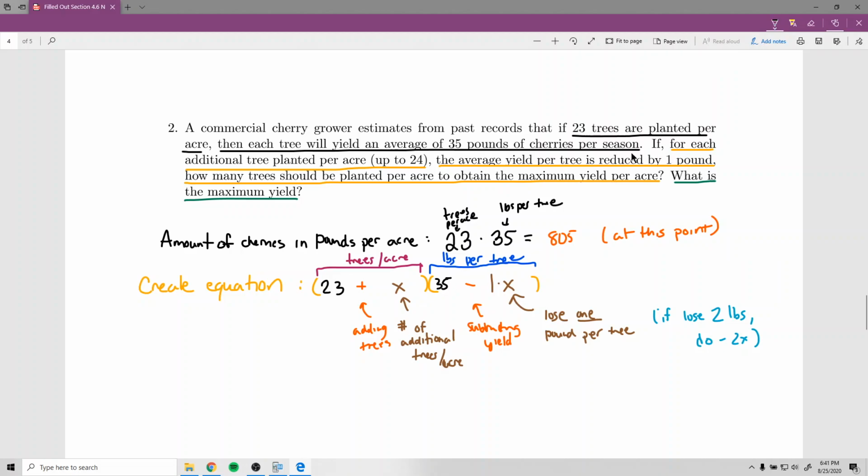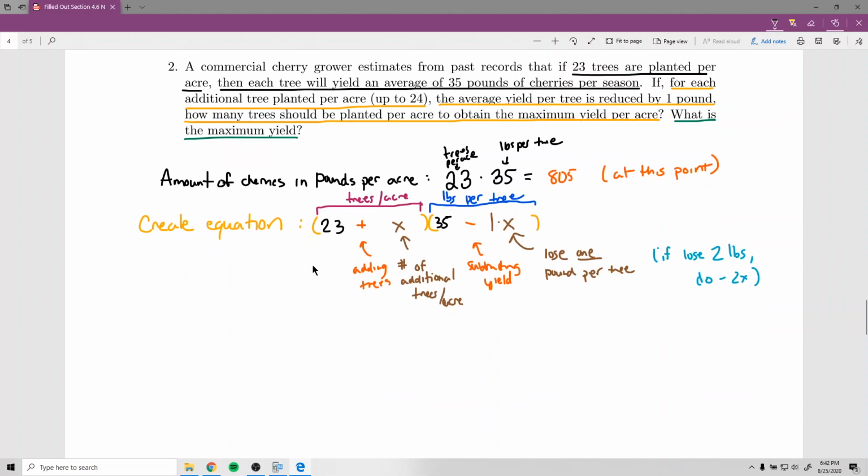So if we increase it by 1, so up to 24, X would be 1. We would have 24 here, 23 plus 1. Then since we increased by 1, the average yield would be going down by 1 pound, so from 35 to 34. And if you plug in x is 1, you get 35 minus 1 times 1, which is 34. So it does work out.